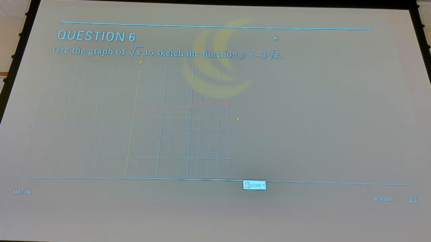Sure? On a scale of 0 to 10, how confident are you? It's a good answer, but I'm not going to tell you which half. Reflection across the y-axis and a vertical stretch by a factor of 3.